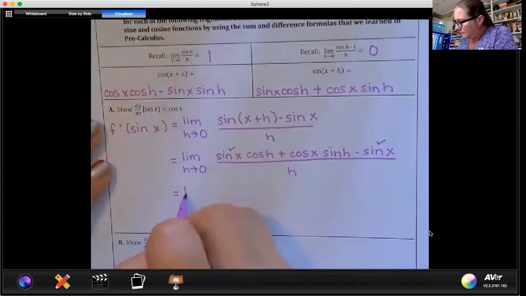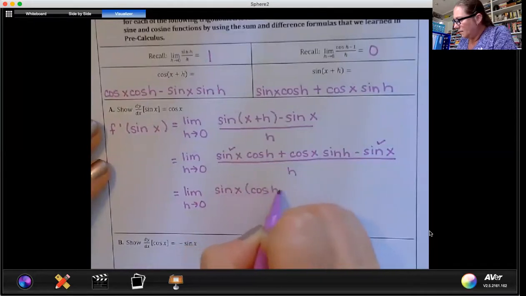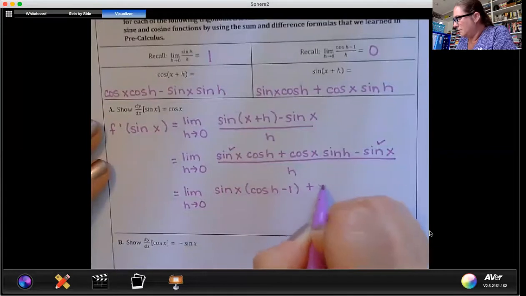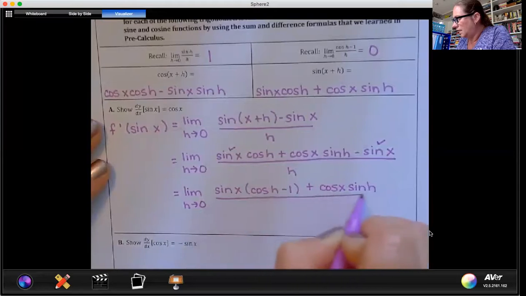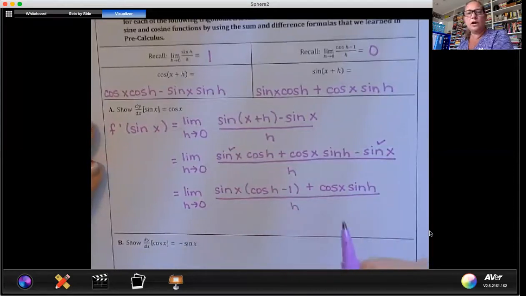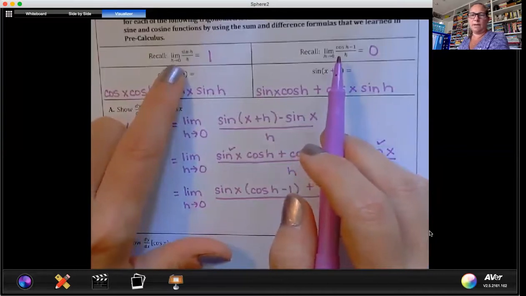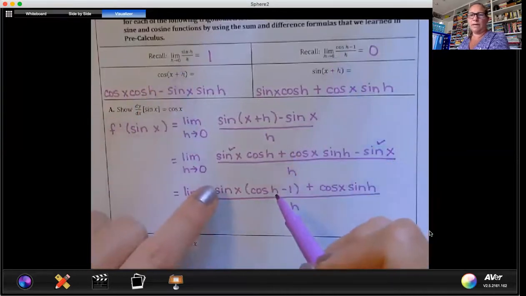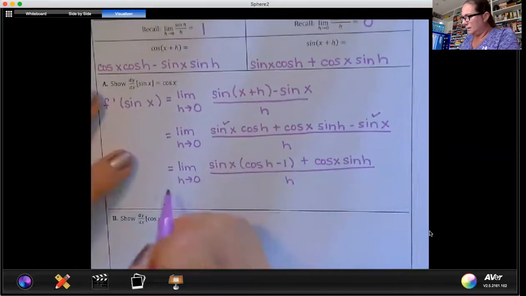So the limit as h approaches 0, take that sine of x out, times cosine of h minus 1, plus your remaining term, cosine of x, sine of h over h. Now, if you took a sine out of all three terms, you're not going to be able to convert it to one of these trig limits. So we want to make sure that we make it to where we can. So we're going to split that up.